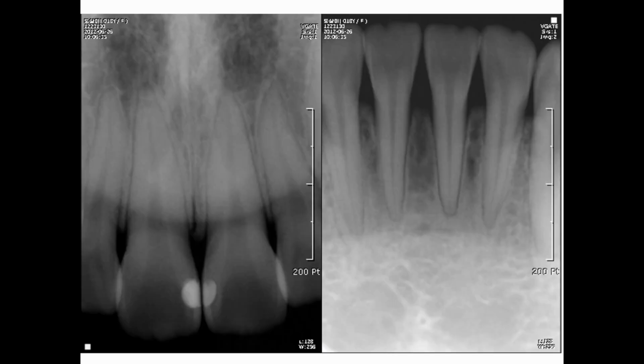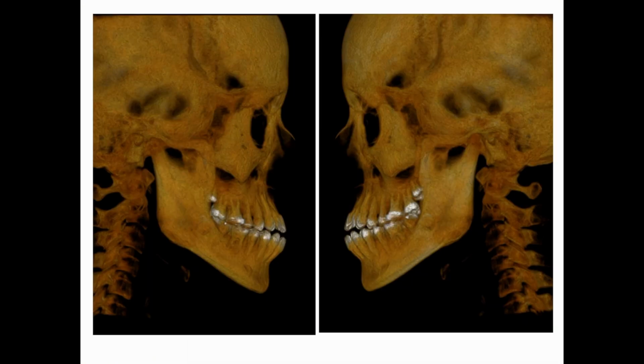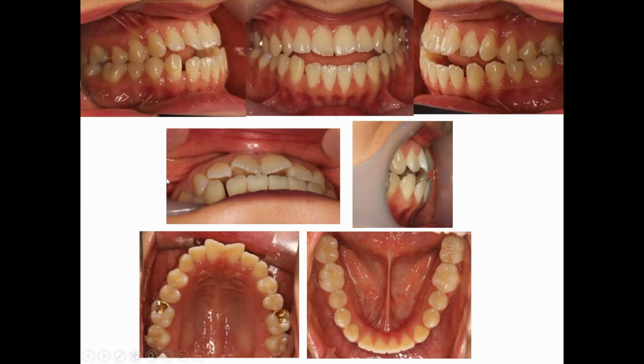Look at class 3 key. So my student tried to push back lower teeth and then create space and then cut.